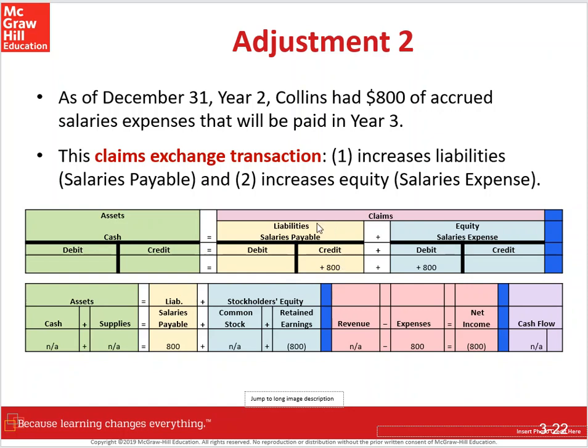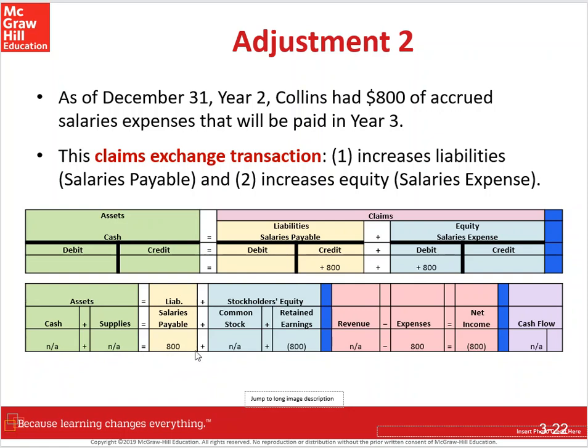So our liability, salaries payable, is going up with a credit, and our equity account, specifically under retained earnings, we're going to have salaries expense, so that's an expense account. So we're going to increase salaries expense with a debit, which is going to bring down net income, retained earnings, and owner's equity. So again, this is a claims exchange with our liabilities going up and our equity going down.